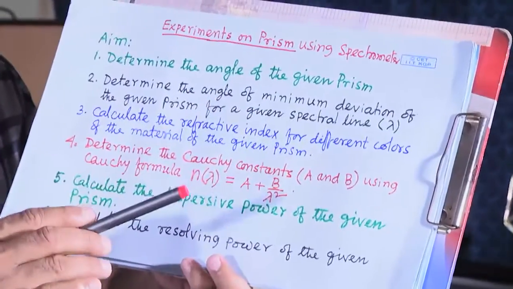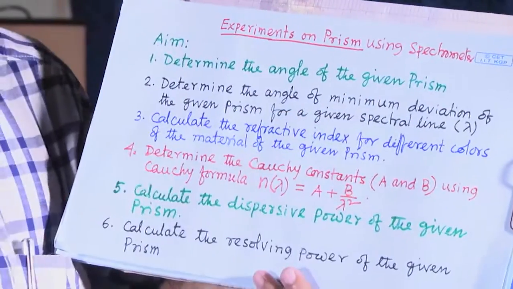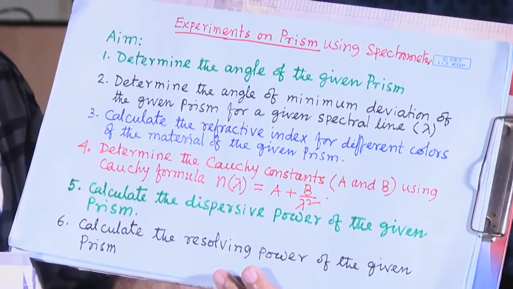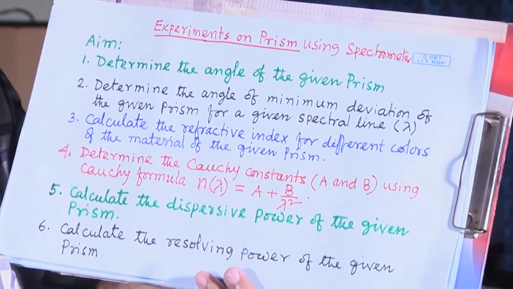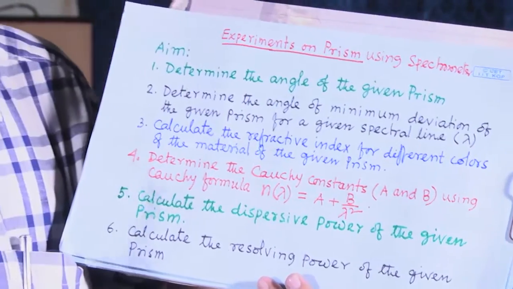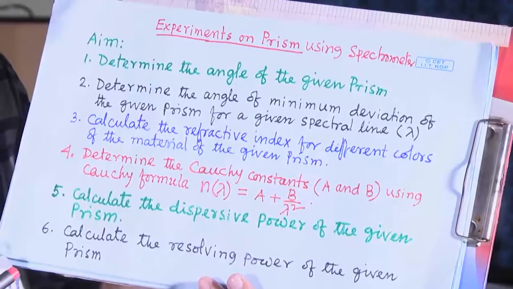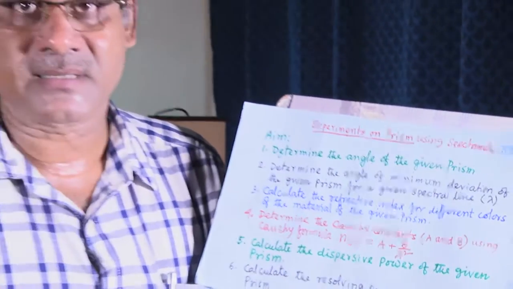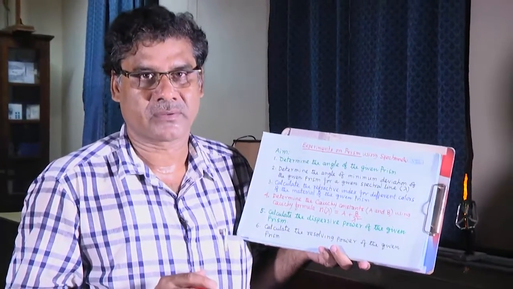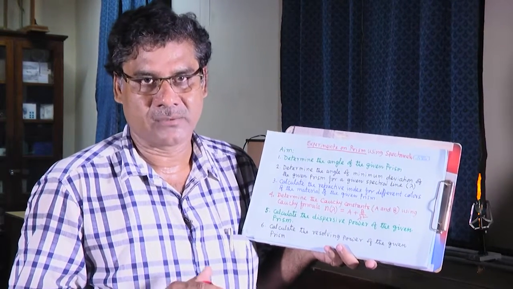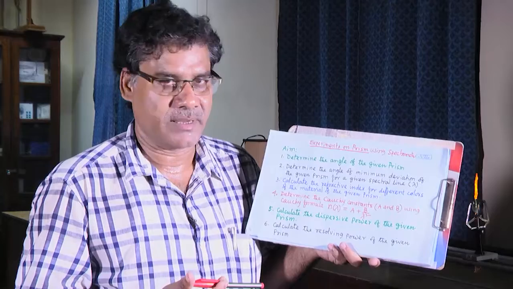So far we have shown you the spectrometer, how it works, what are the components of the spectrometer. So, for doing experiment either using prism or grating, we need to adjust the spectrometer for basically parallel rays and to see the image, right.